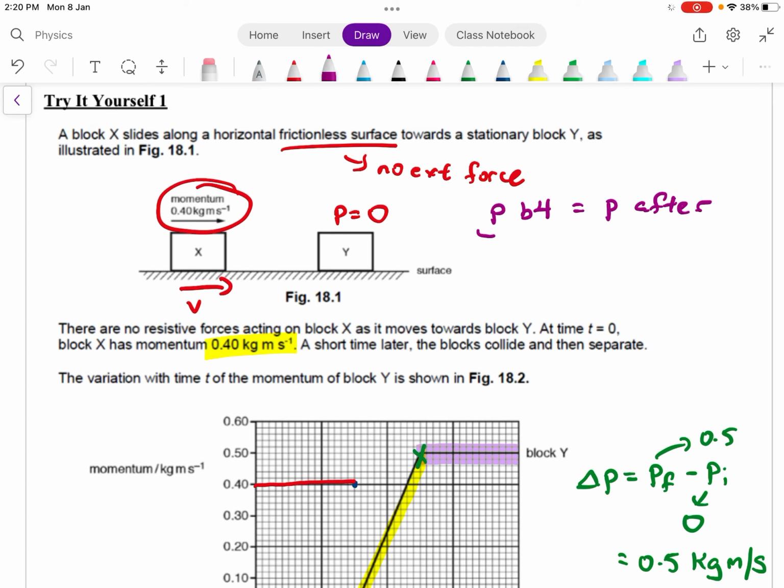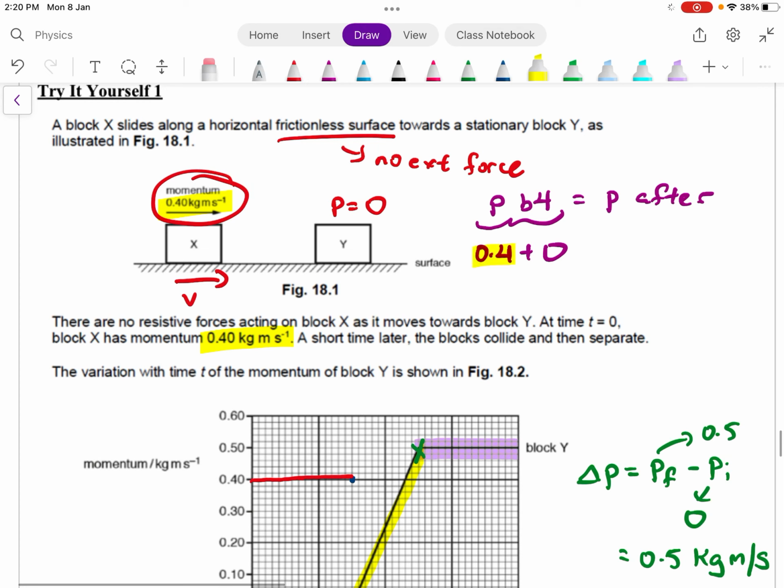So what is the momentum before collision? The momentum before collision is just 0.4 plus 0. Where's the 0.4? 0.4 is actually right here. Then what's the momentum of Y? So this is 0.